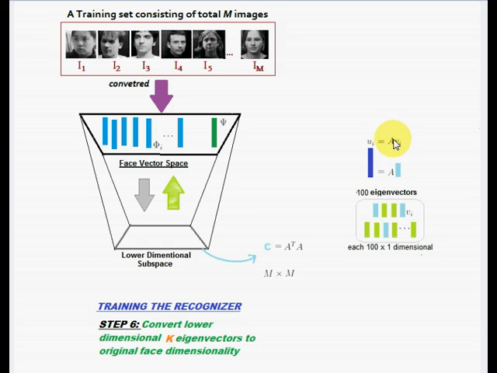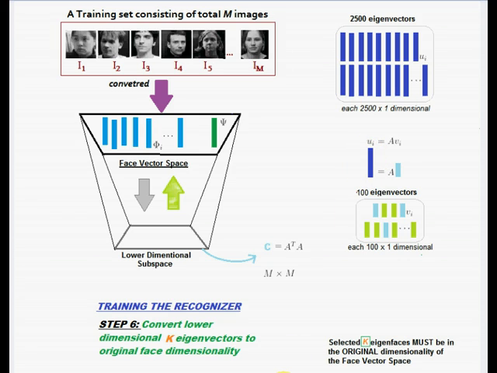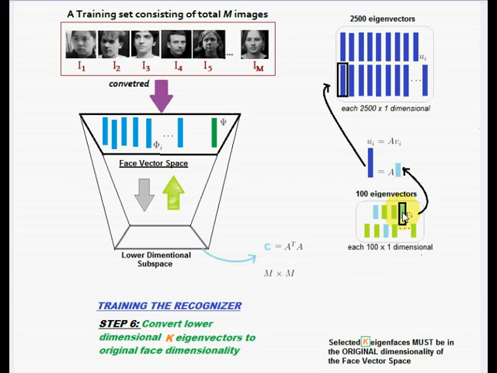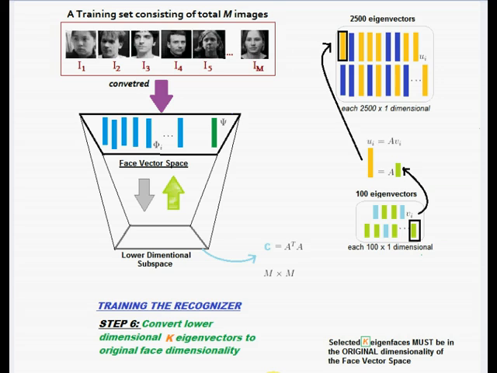If we multiply the matrix A, as we had seen before, by this eigenvector v_i, A times v_i will give us the corresponding eigenvector in the higher dimensional space. So we take this eigenvector, we multiply it by A, and we get, for example, this corresponding eigenvector in the higher dimensionality related to this v_i.